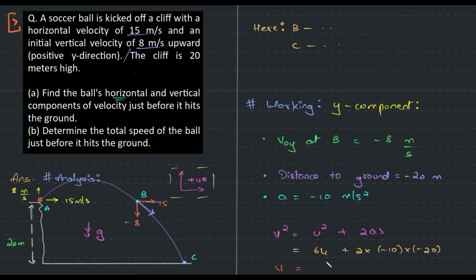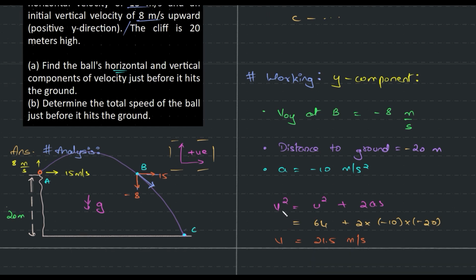That is 21.5 meters per second. So this is the velocity when it hits the ground at point C, actually. So v_yC is 21.5.